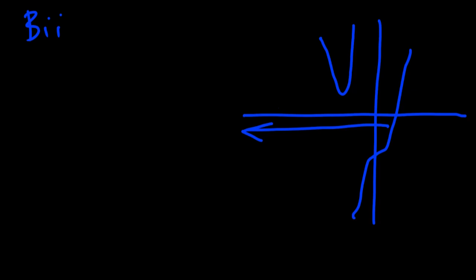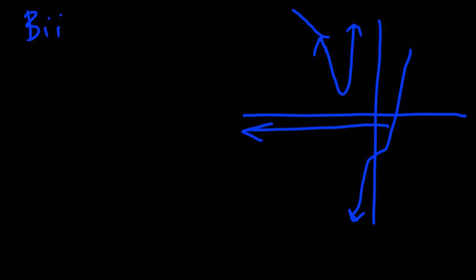And as you can see, let me write arrows on this first. Okay. So as you can see, as x decreases without bound, this line right here just keeps going up to infinity.